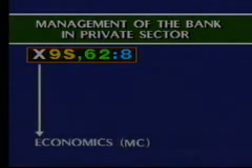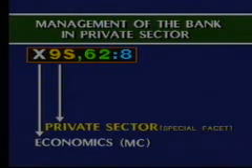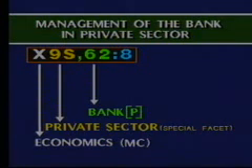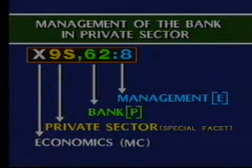For example, consider the title Management of the Bank in Private Sector. The complete class number would be X9S, 62:8, where X represents main class economics, 9S represents private sector, that is the special facet, 62 represents bank, the personality facet, 8 represents management, the energy facet.